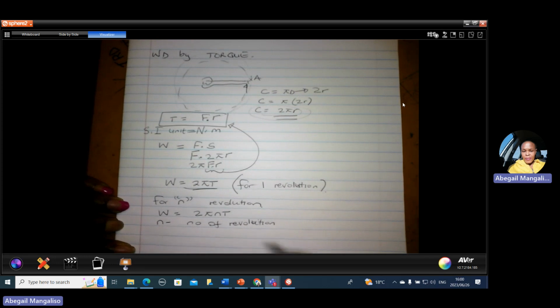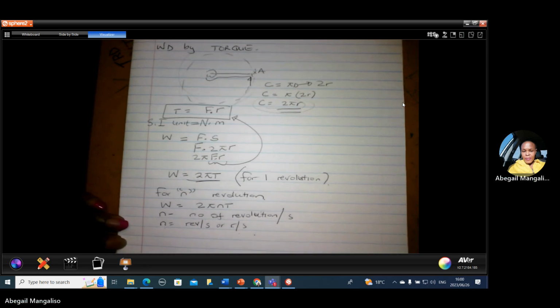So if it's the small letter n, this will be number of revolutions per second. So n is equal to, or the SI unit is a revolution per second, or RPS, revolution per second. Now, you can be given the number of revolutions per minute.